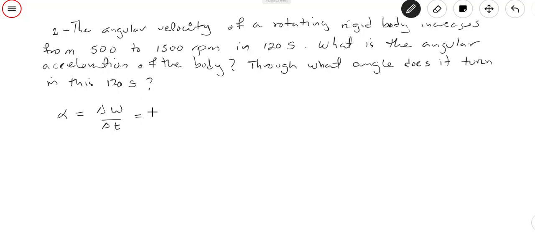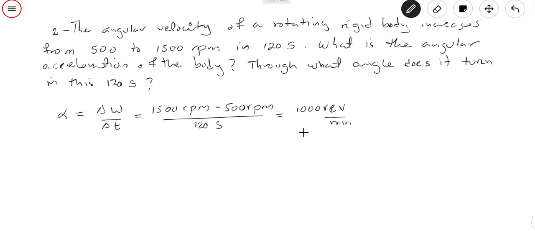So I'm going to say 1,500 revolutions per minute minus 500 revolutions per minute, over 120 seconds. So of course this is 1,000 revolutions per minute, divided by 120 seconds.